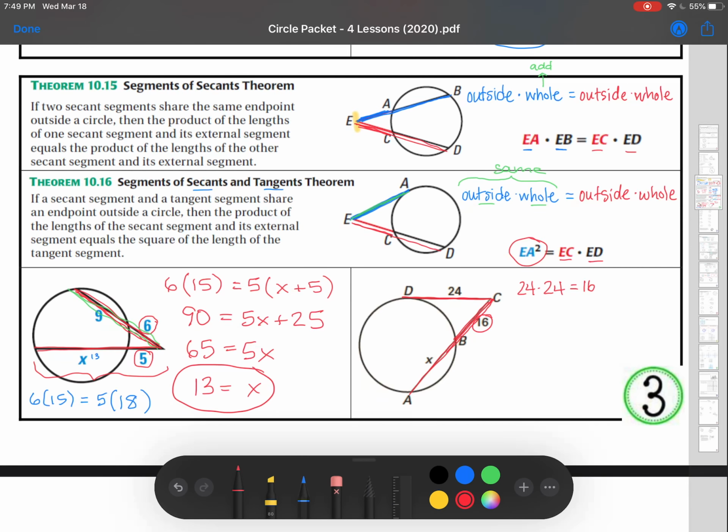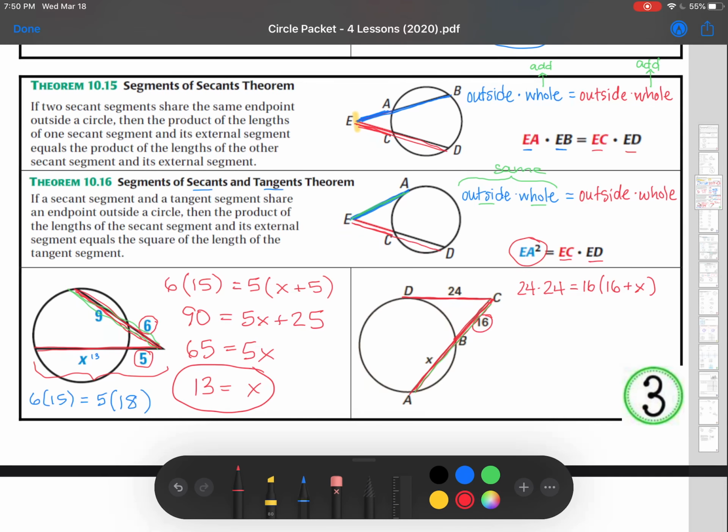What would it be? Say it in your head or out loud. A lot of people tend to say 16x, but you have to remember that it's 16 plus x. So again, if you need to remind yourself, to find the whole thing, we need to add both of the segments together, yeah?